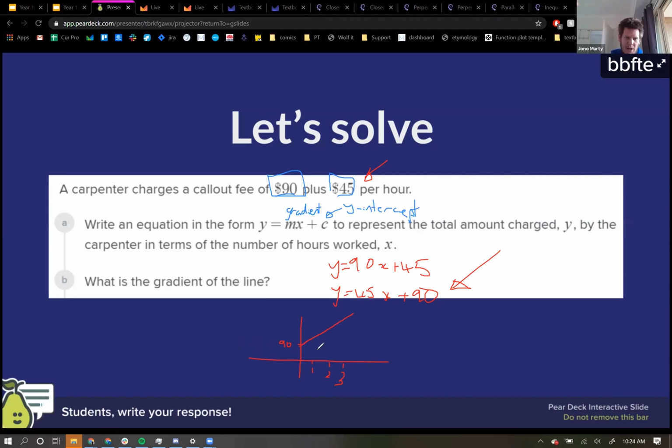Obviously, 90's here, 1's there. That would mean that after 1 hour, it will be $45 more, so that would be $135. After 3 hours, say, it's going to be 3 times 45 plus the 90, so that's 120, 135, 225.